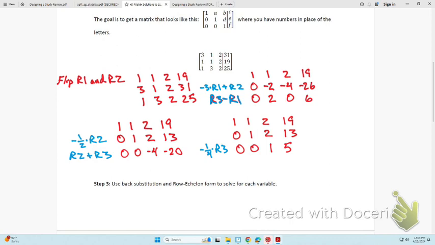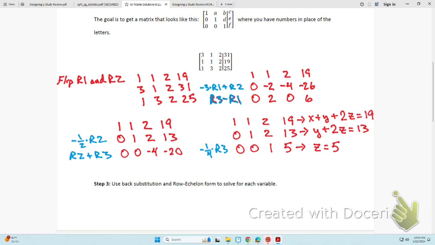Now, how in the world is this useful? Well, row 3 represents the z's. So that means 0x plus 0y plus 1z equals 5. We know what z is. 0x plus 1y plus 2z equals 13. And lastly, x plus y plus 2z equals 19.